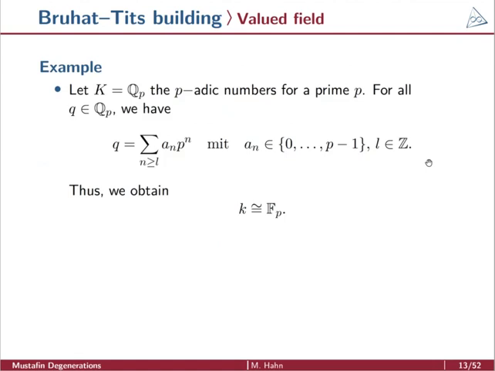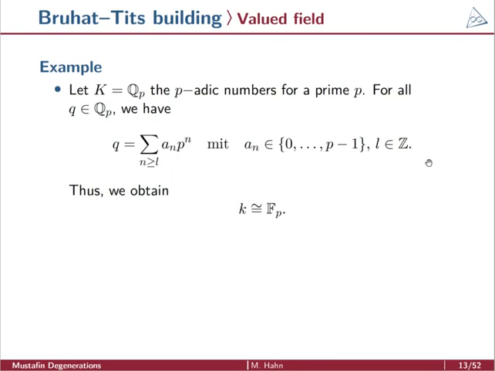So what is this field of the p-adic numbers? Well, it's the analytic completion of the rational numbers with respect to the p-adic norm, very similar to how you get the real numbers from the rational numbers with respect to the Euclidean norm. For every prime p, you get a p-adic absolute value on the rational numbers. You take the analytic completion, and then you get the p-adic numbers.